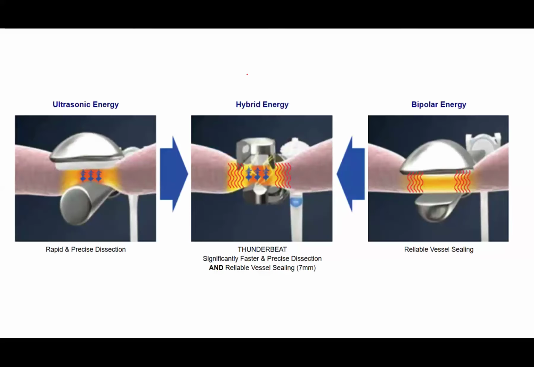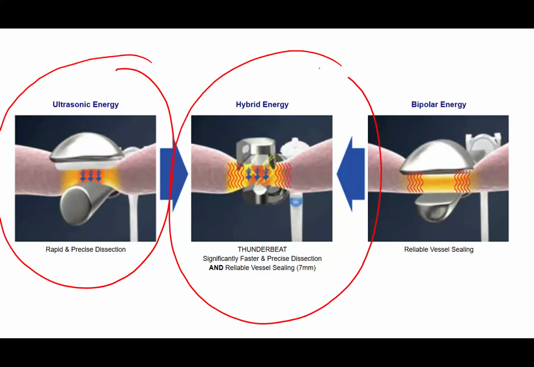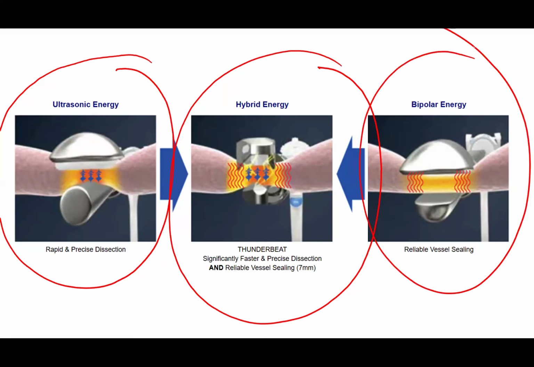And this is the effect of Thunderbeat on the tissue. You can see it has ultrasonic energy, rapid and precise dissection, hybrid energy. You can see it has both the coagulating, sealing effects, as well as the dissection effects, and the bipolar energy for reliable vessel sealing.